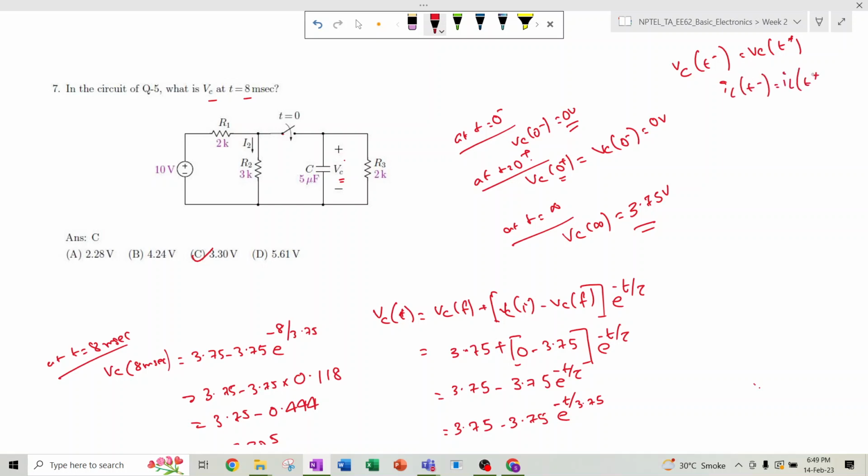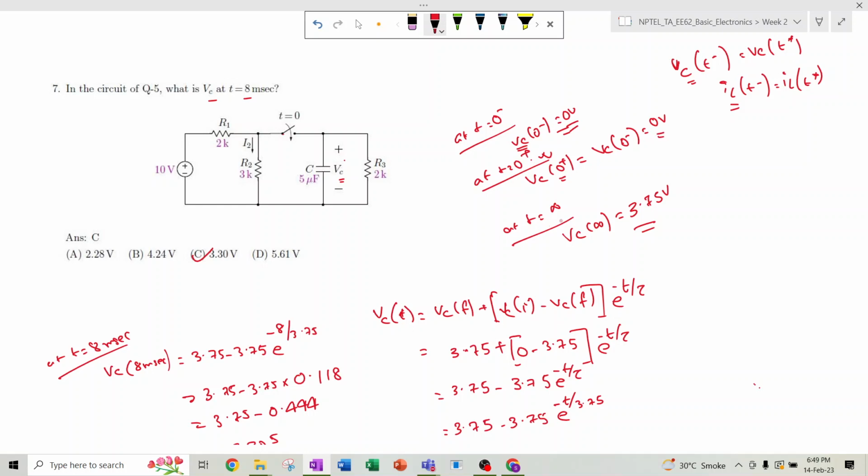That means the voltage across a capacitor or the current flowing through an inductor should not change abruptly. At time t equal to 0 minus, the voltage across the capacitor is 0 volt. So at t equal to 0 plus, it should be the same as the value at 0 minus, which is 0 volt.